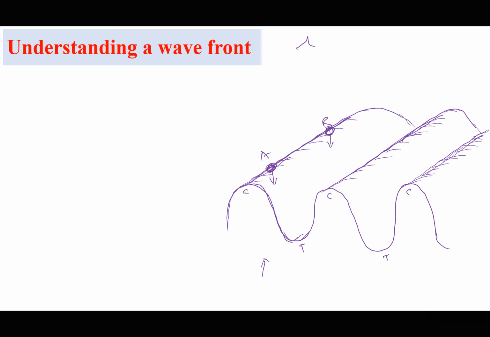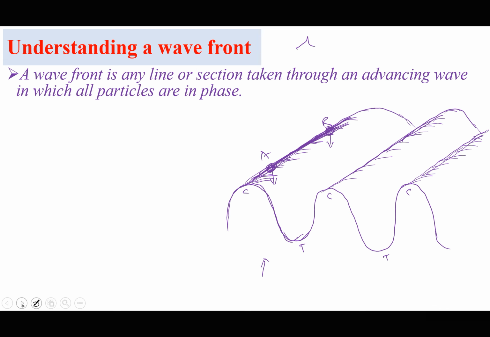So if I draw a line through these particles which are vibrating in phase, then the line through these particles, which is of course an imaginary line, is what we call a wavefront. So a wavefront is simply a line or any section taken through an advancing wave in which all particles are vibrating in phase.